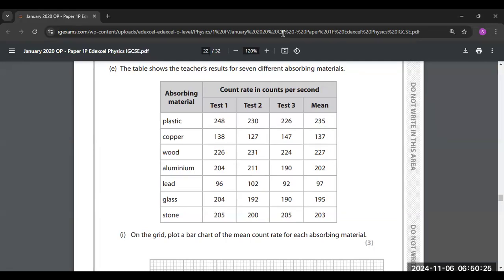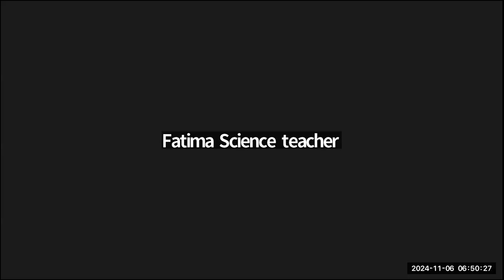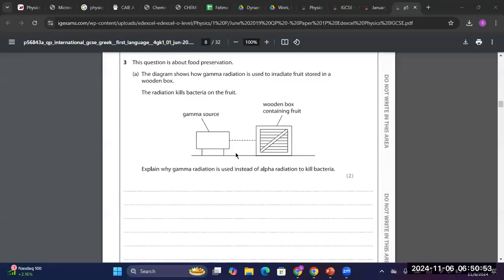Okay, let's take a look at our next question. The question says, this question is about food preservation.